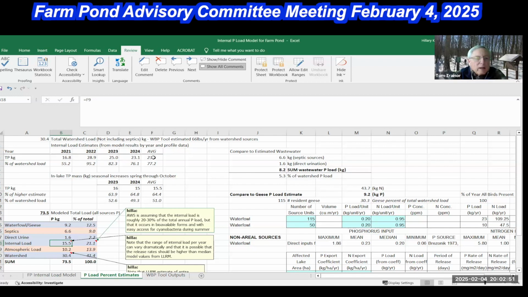And if I could ask, just to make sure I understand it in my mind, that total phosphorus amount, the kilograms, you're looking at the whole water column. Yes, any depth you took a sample.